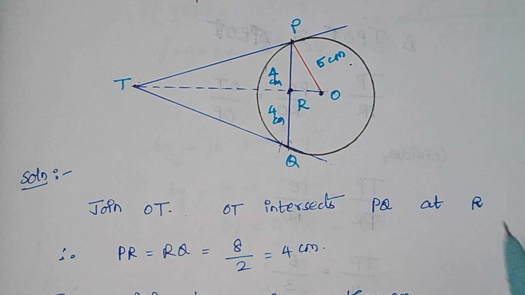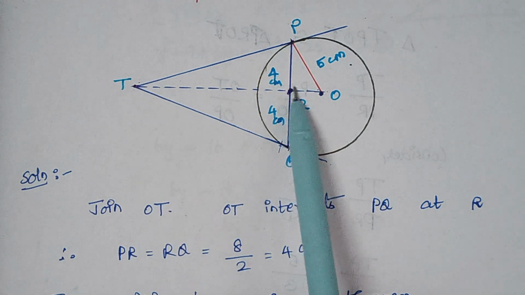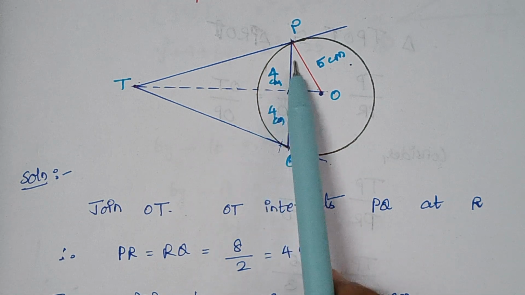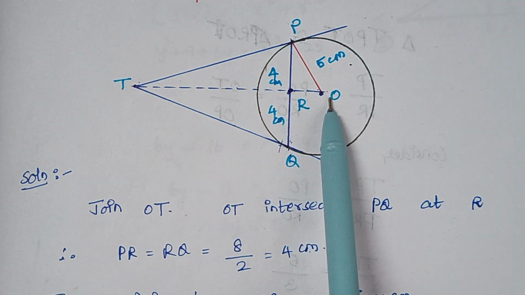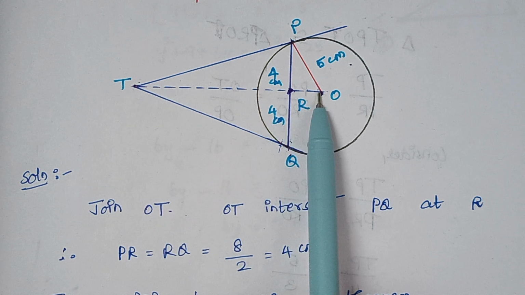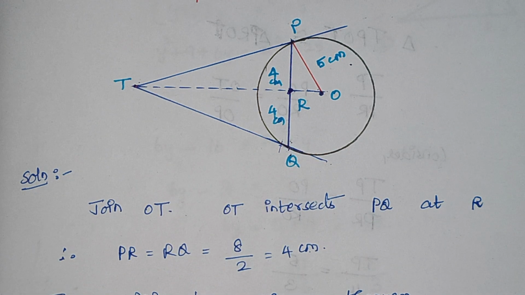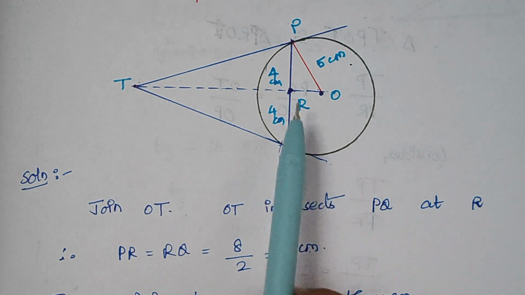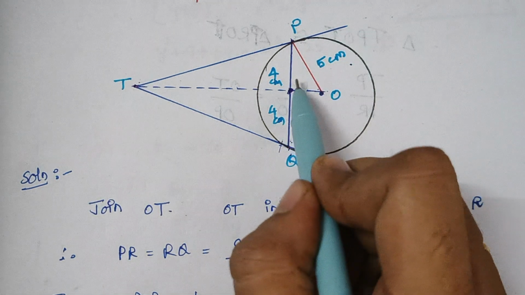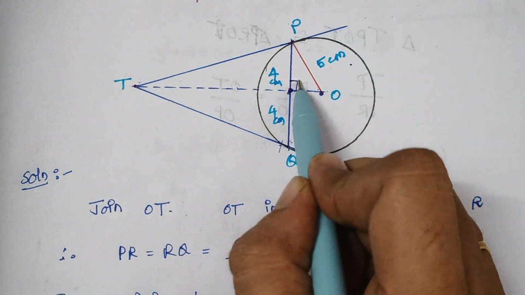Now look at this triangle POR. We know the value of this side, we know the value of this side, so we are going to find the value of this OR. So what is the rule? How can we use that? When you look at this diagram carefully, this angle is 90 degree.